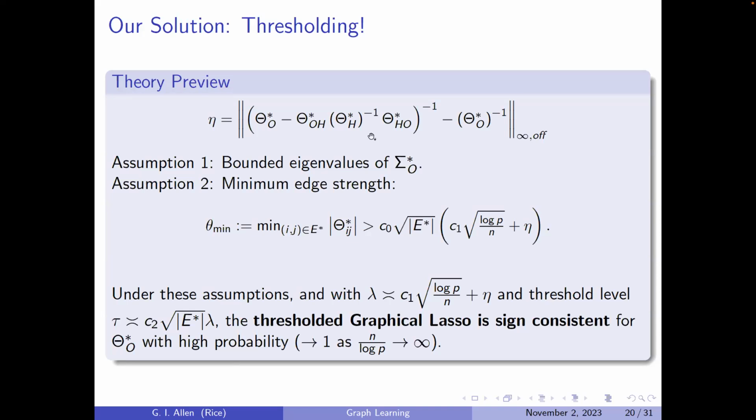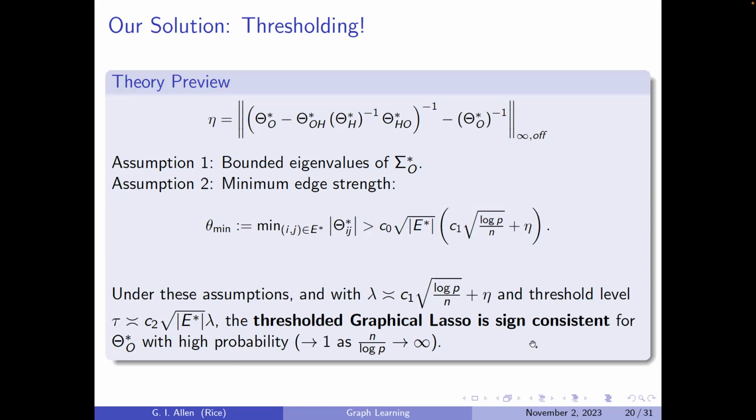What we need is for the maximum effect of the latent components to be bounded below the minimum edge strength. And you might say this condition never really happens, but it typically does for sparse graphs, exactly the type of pathwise connected graphs that we would expect in neuroscience. Under these assumptions, you can show that thresholding the graphical lasso is sign consistent, and importantly, it's sign consistent in high dimensional settings.